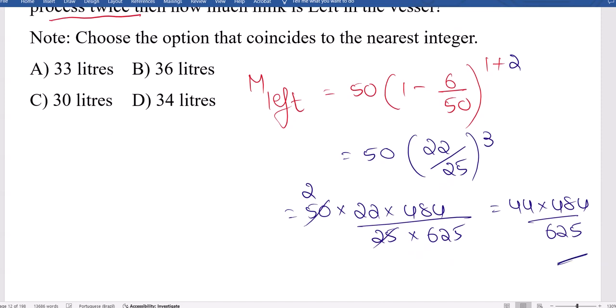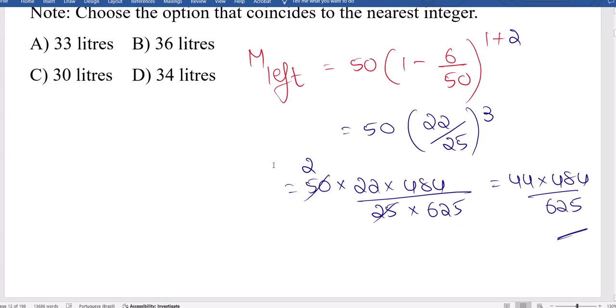Listen, this is one approach, but here the calculations are a bit hectic. We have to do a smart game to avoid calculation issues. So what I'll suggest is multiply by 4, and then the denominator will be 2500.